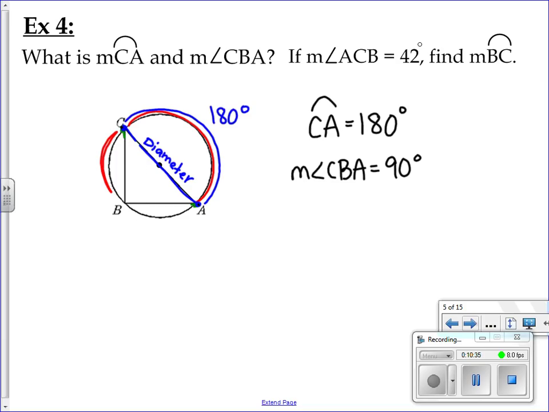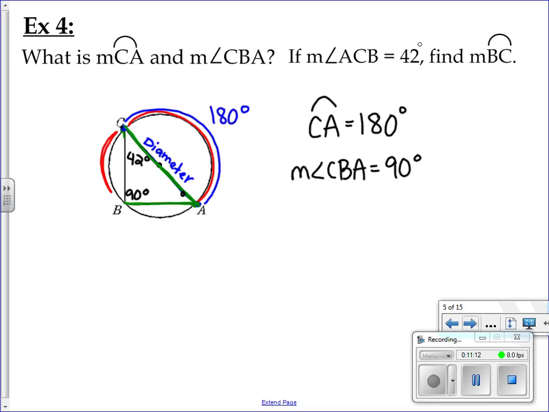I'll put the 90 and 42 back in there. I have another inscribed angle. Angle CAB. So sometimes you will have more than one inscribed angle in the picture. So this is the angle that's opening up to arc CB. So if we can figure out this missing angle here, then we could figure out the arc because we could just double it. How do you guys think we can figure out that missing angle?